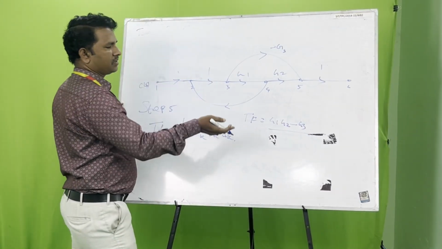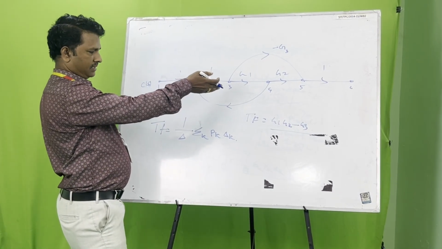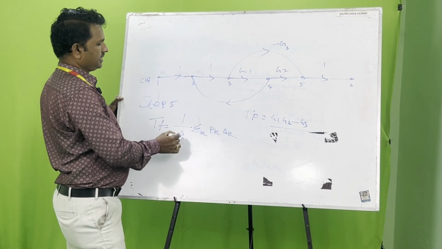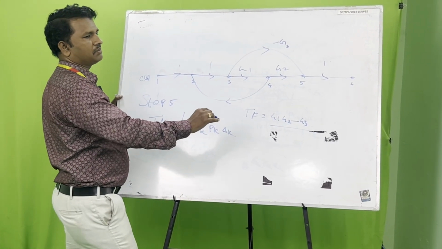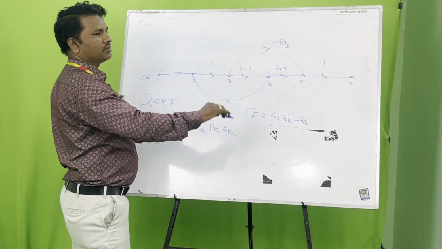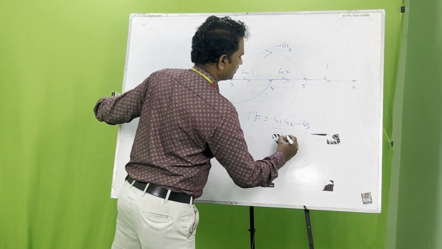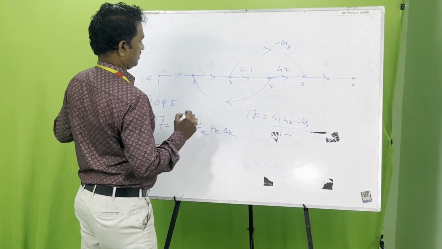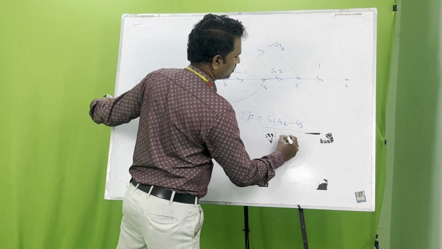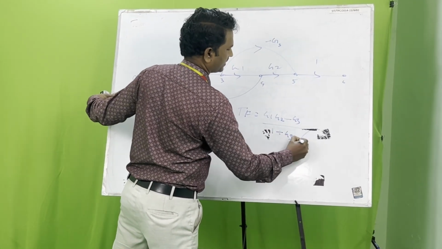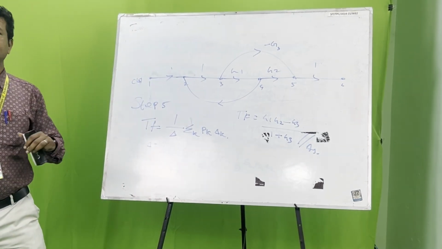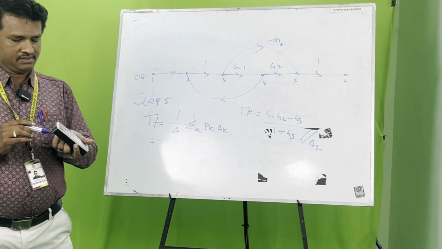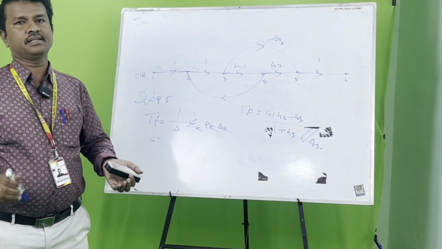Finally, delta is 1 minus the sum of individual loops plus the sum of products of non-touching loops, which gives 1 plus G3. Therefore, to conclude, the transfer function is equal to G1 G2 minus G3 divided by 1 plus G3. Thank you.